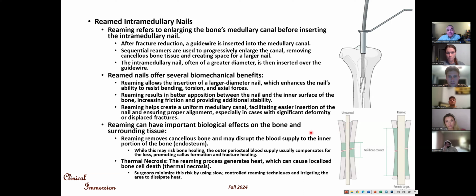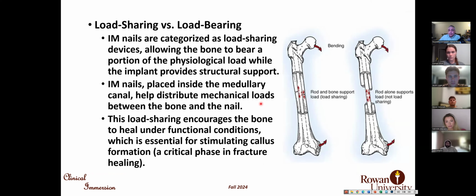So in the VR that you will see, you perform reaming, and reaming is one step in your surgery. Another condition where we don't use reaming is when we want to use solid nails.